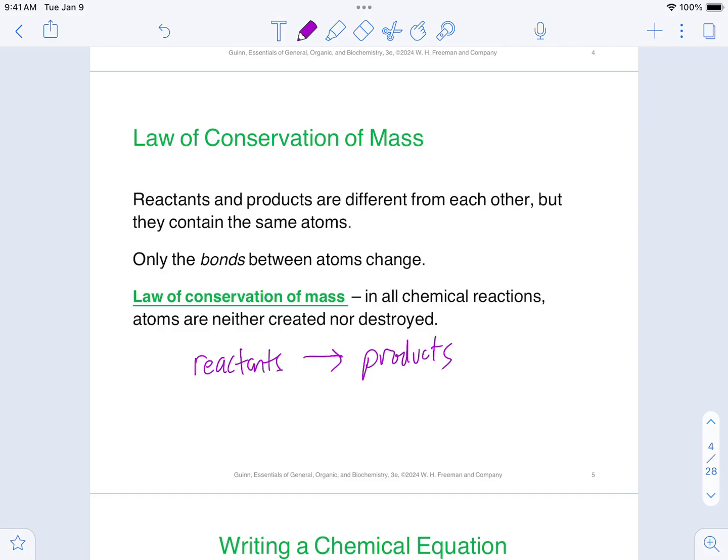There are 7 really important elements we need to memorize, and those elements are H, N, O, F, Cl, Br, and I. These 7 elements are called diatomic elements.